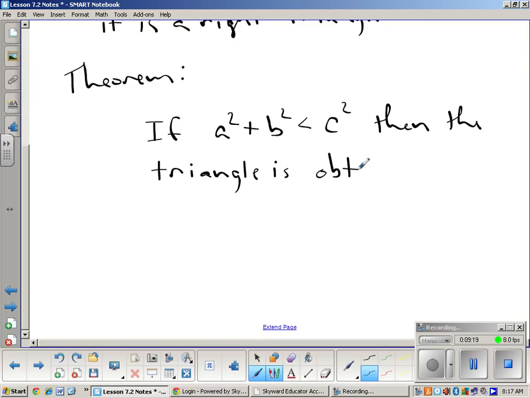What's obtuse mean? It has one obtuse angle. Okay, good. So that means we're looking at something like this.